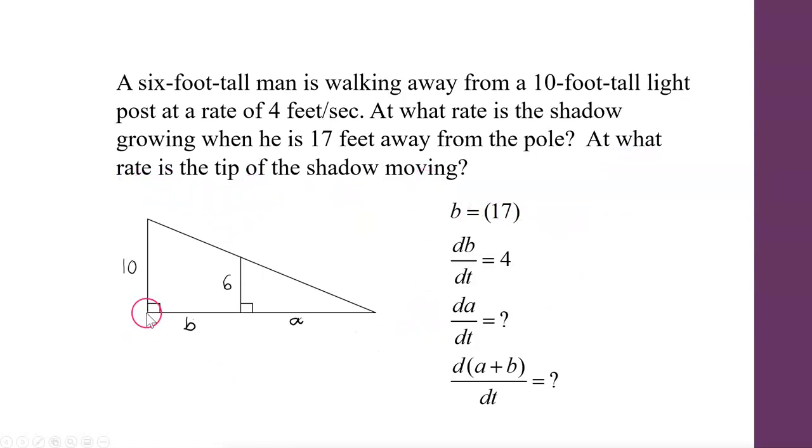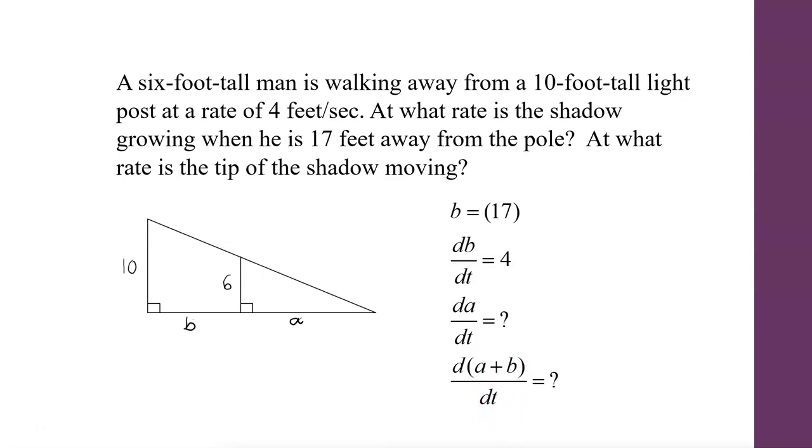And if you recall in our picture, we had decided that this entire length is the distance from the tip of the shadow to the light post. So as I say, at what rate is it moving? I want to know at what rate B plus A is growing, right? So that entire length. So d of A plus B with respect to t.